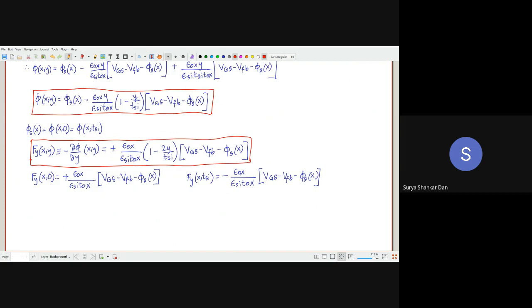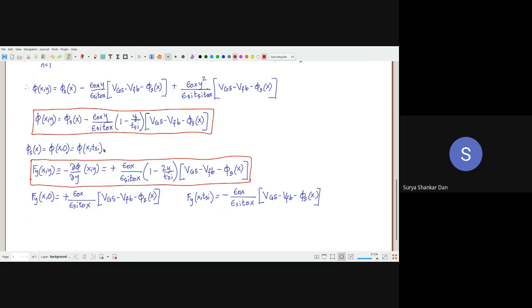Now if we want to find out the lateral field, so this is the vertical field expression. This is the vertical field profile. What is this? This is the 2D potential profile, not the surface potential.